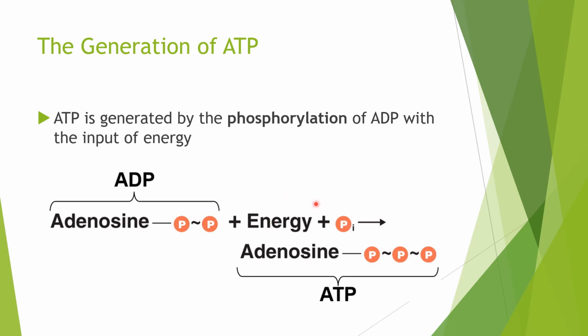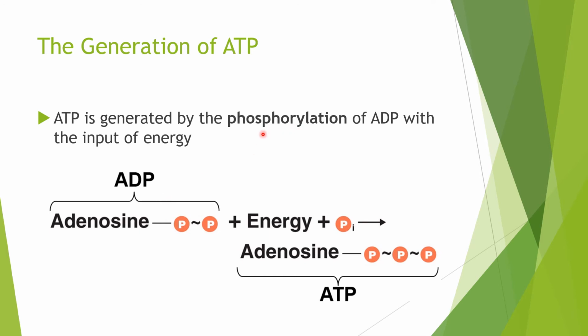You actually get energy from breaking down that bond, and you get adenosine diphosphate, which means two phosphates bound to each other. Now, once you get ADP, that inorganic phosphate can actually bind one more time to that ADP right here, and that process is known as phosphorylation.